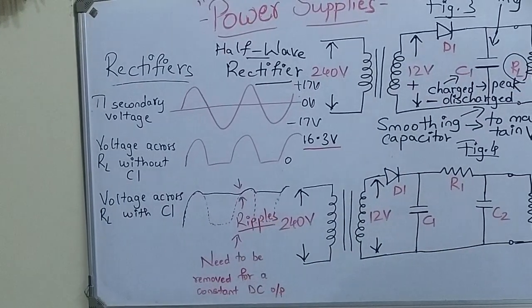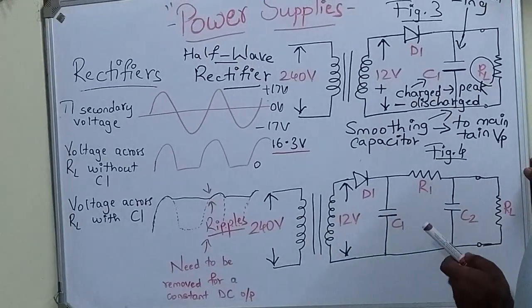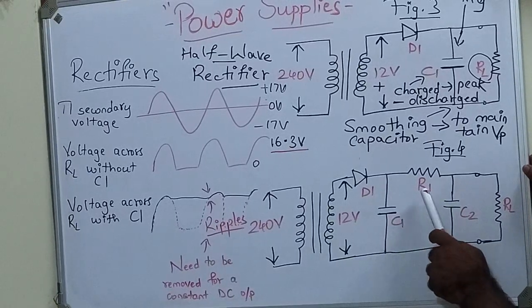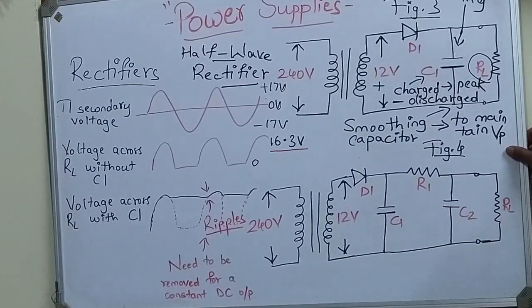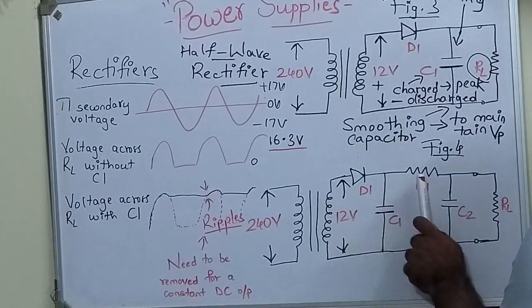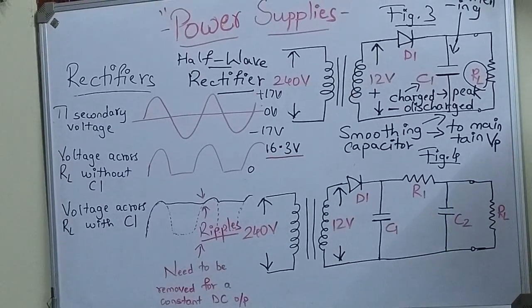And how do we do that? By introducing two more devices, R1 and C2. As shown in figure 4, we have D1, C1, R1, C2, and then the load resistor RL.